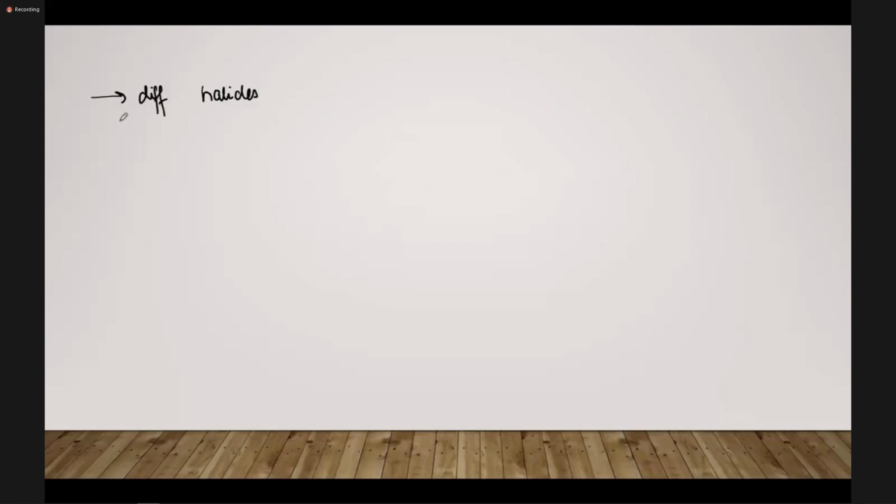What would be the trend or the order of the boiling point? Again, as we discussed, the increase in the molecular mass and the size of the halogen atom will increase the van der Waals forces of attraction. We discussed this just earlier.